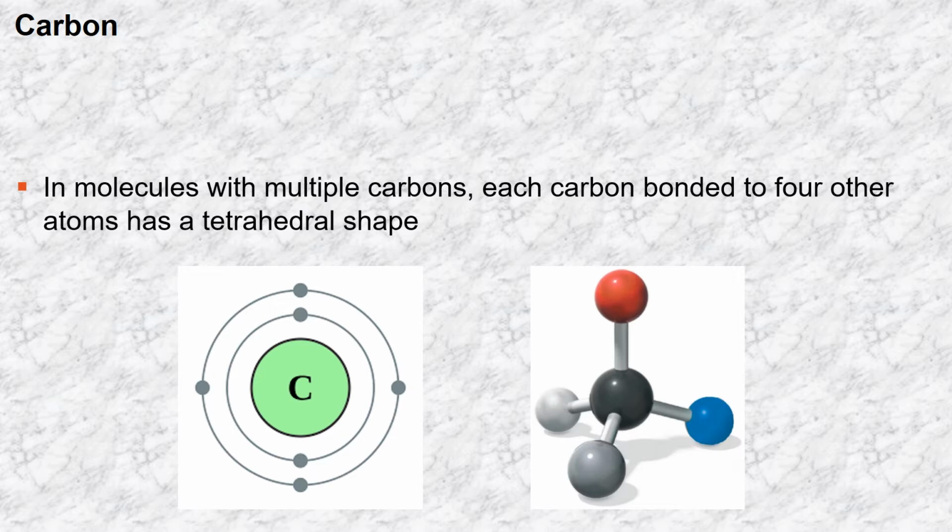Carbon can bond to four things. When carbon bonds to these four things in total, it has that tetrahedral shape. So this shows that shape right here.